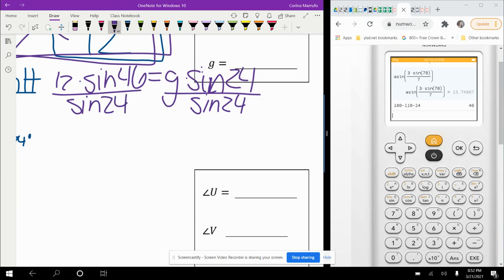And then I'm going to go ahead and put all of that in my calculator the way I see it. So 12 times sine of 46 divided, see, this is exactly why I put all the parentheses here. So that doesn't happen.